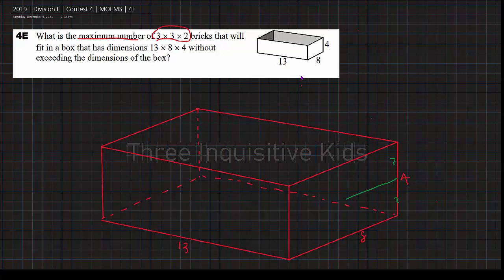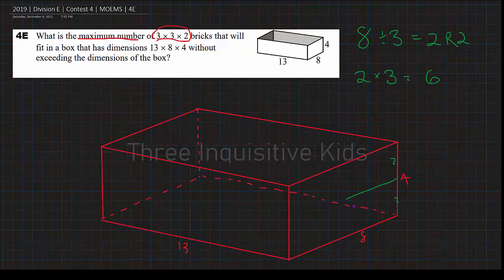Now let's check out the width. How do we find out the width? Well, let's first do 8 divided by 3. After you do the division, you'll find that it's 2 with a remainder of 2. And 2 times 3 gives us really close to 8, but not quite: 6.